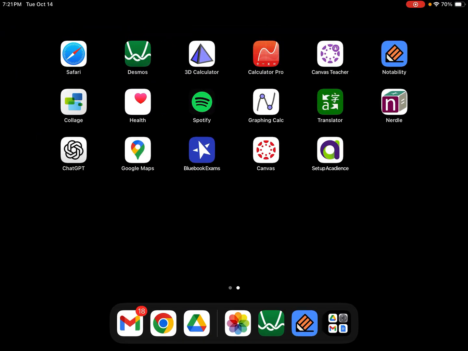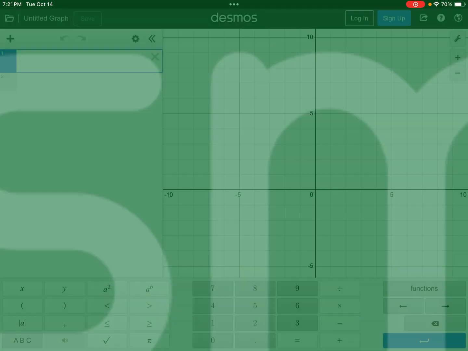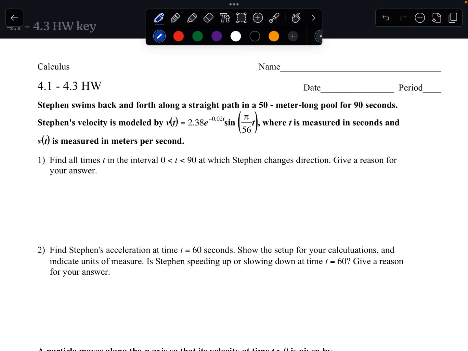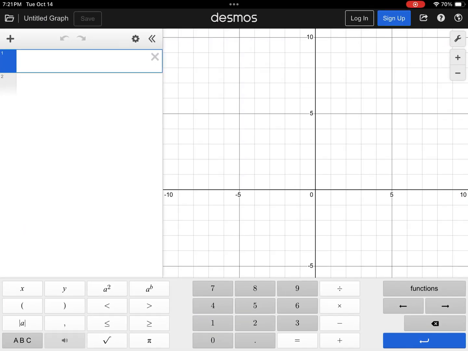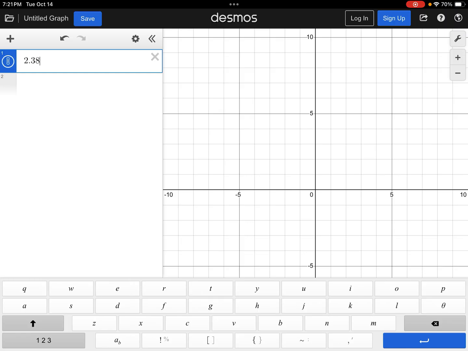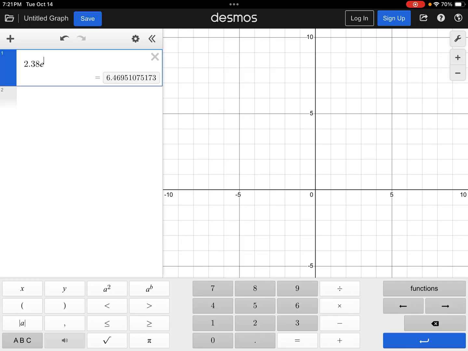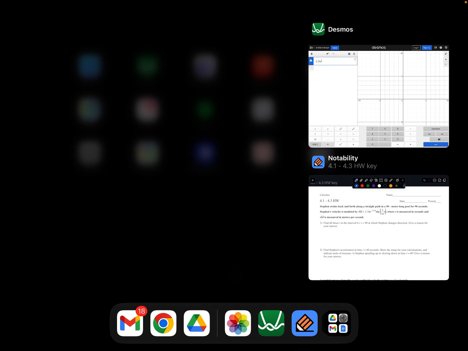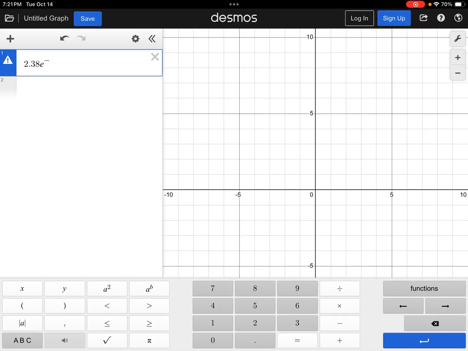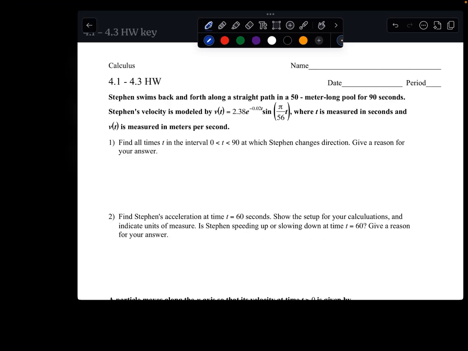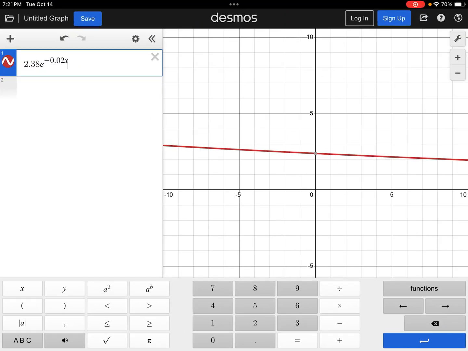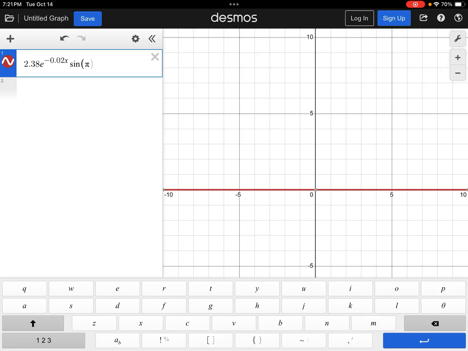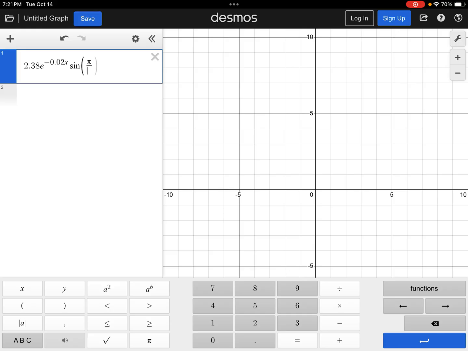So, we're going to use Desmos, and I'm going to plot that function that we have here. So 2.38 e raised to the negative 0.02 x, and then sine of pi divided by 56 x.